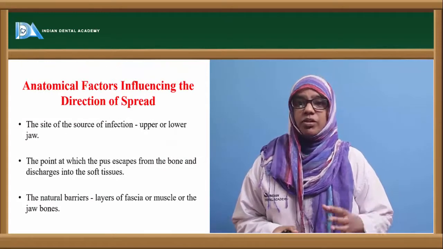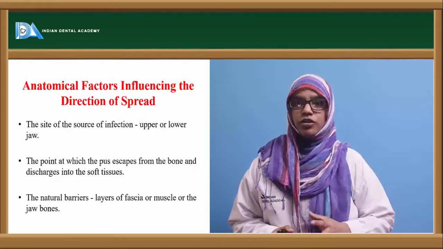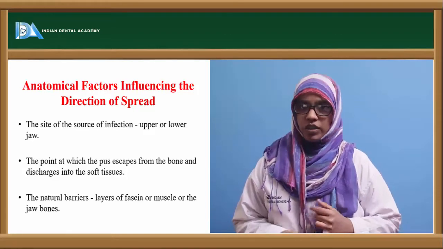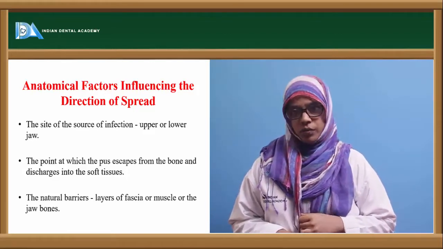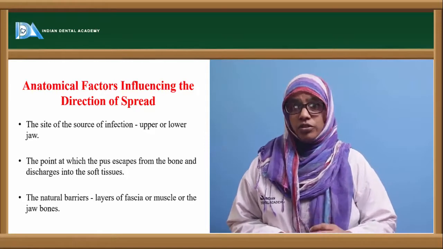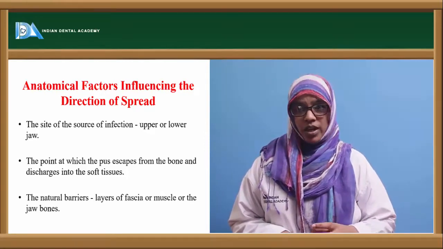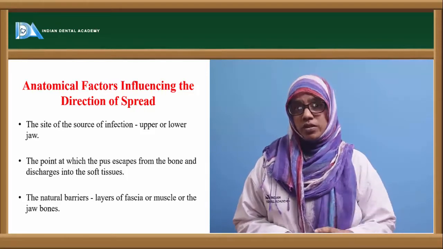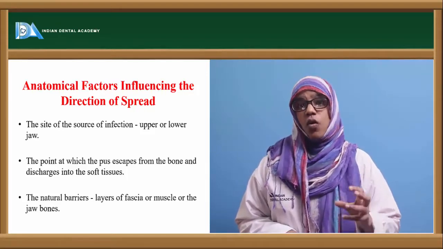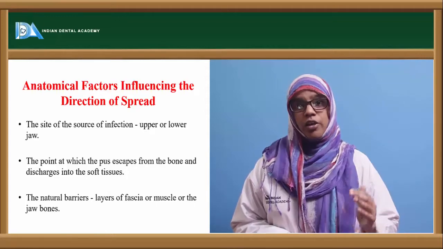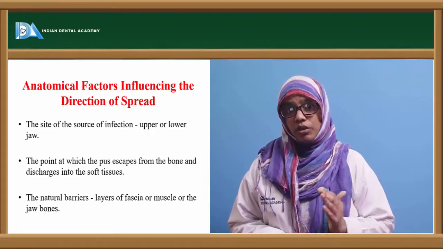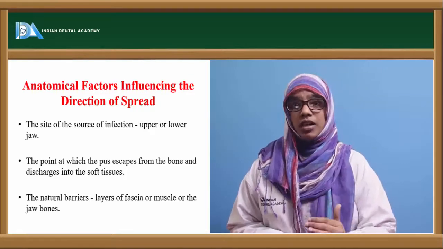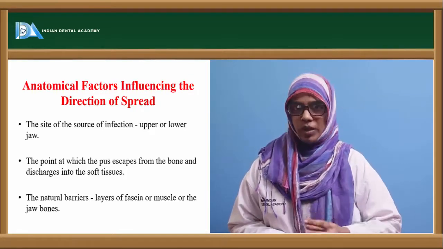Now, anatomical factors that influence the direction of spread. These are the site of the source of infection, whether the upper tooth is involved or the lower tooth, and the point at which the pus escapes from the bone and discharges into the soft tissue. For example, if a lower molar is involved and the infection is spreading from the bone but comes out into the oral cavity above the mylohyoid muscle, then this will result in sublingual swelling or sublingual abscess.